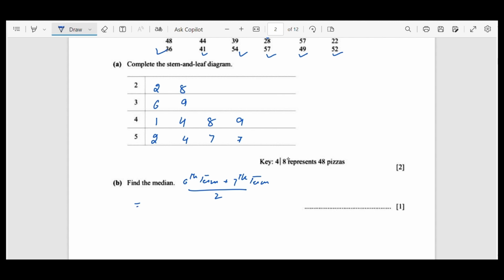The 6th term will be 1, 2, 3, 4, 5, 6, so 44, and 7th will be 48. So 44 plus 48 divided by 2 is equal to 92 by 2, which is equal to 46. So median will be 46, right?